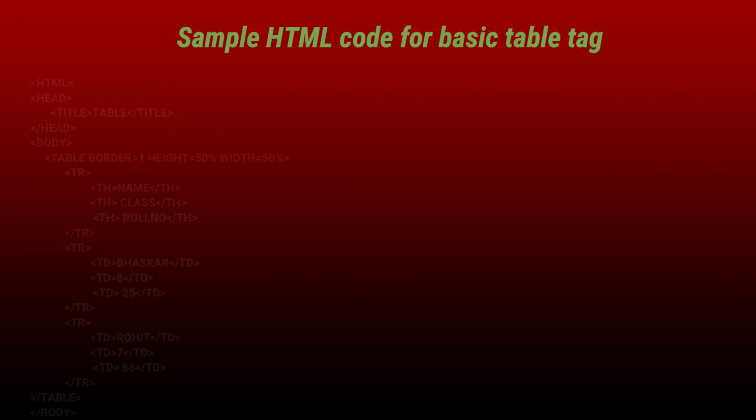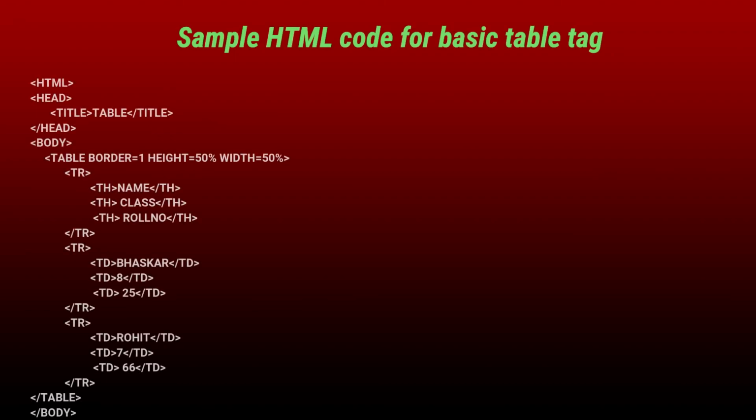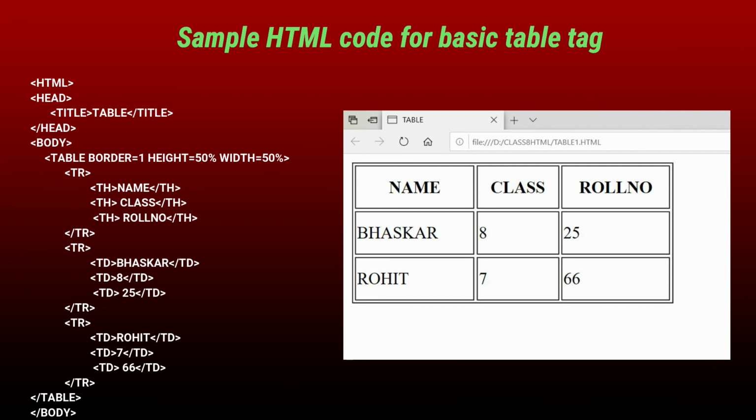So this is a sample code where I have used table border equal to 1, and then I have used tr, th, td, etc. See, if you look at the output, you will understand what the code is all about. See, I started with the tr tag. So for each row I have a separate tr tag, and inside those rows I either use td or th.